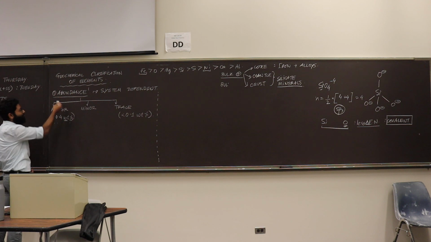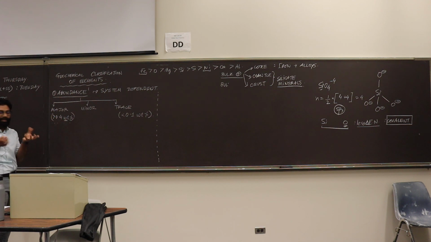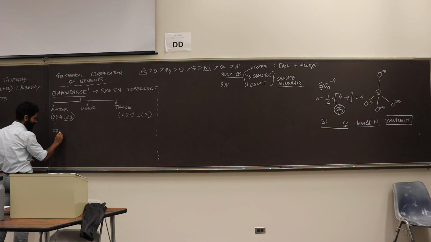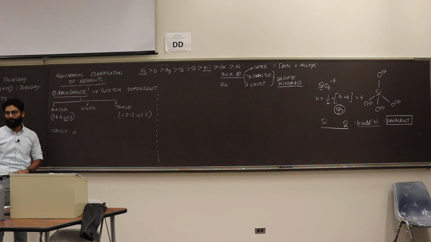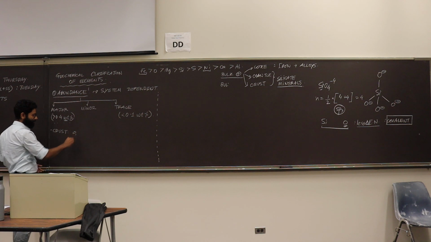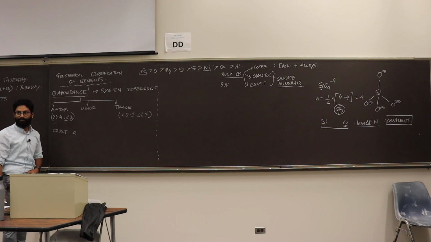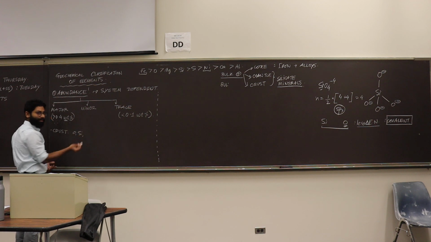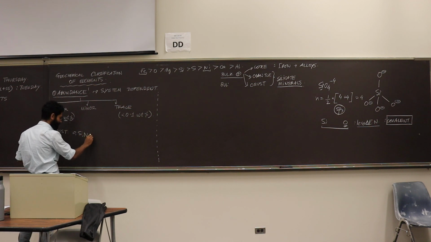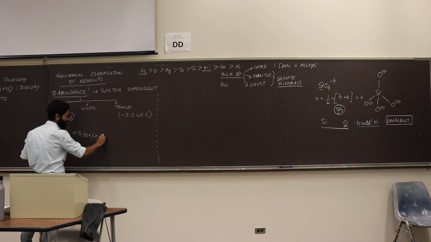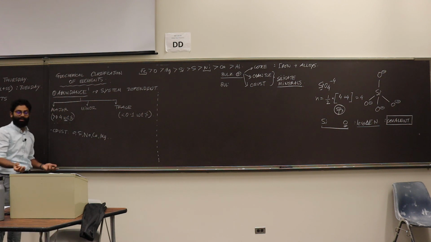Some examples of major elements in your crust, major cations, major anions. Silicon could be, yeah, sodium, magnesium. So similar to that.